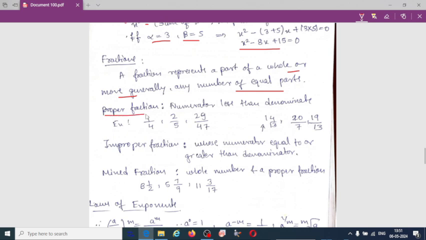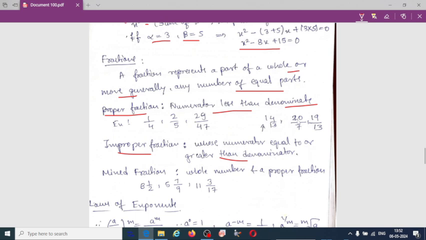You have different types: proper fraction, where the numerator is less than the denominator. You can see the examples 1 by 4, 2 by 5 like that. Improper fraction, whose numerator is equal to or greater than the denominator. So here are the examples.